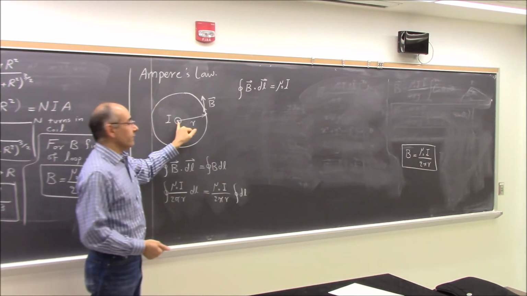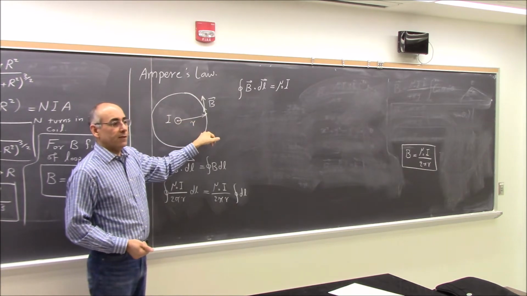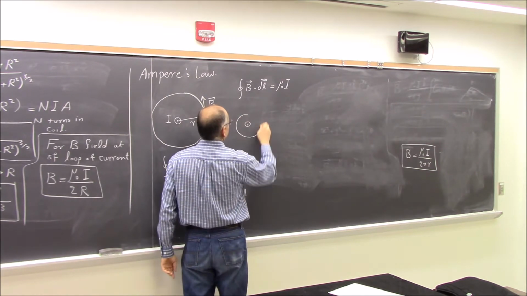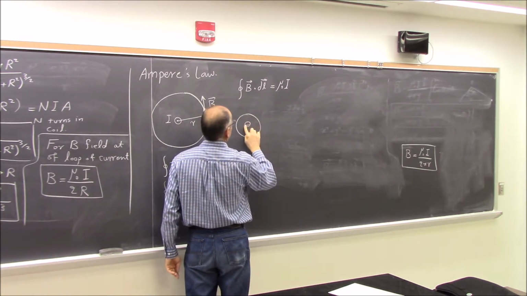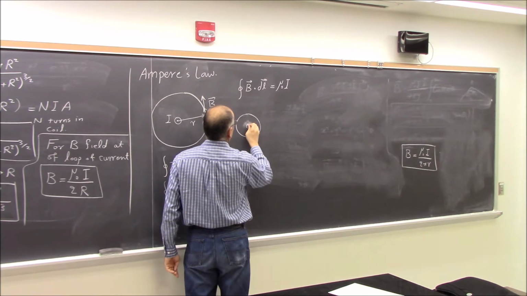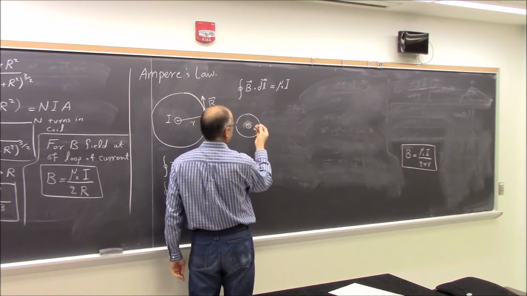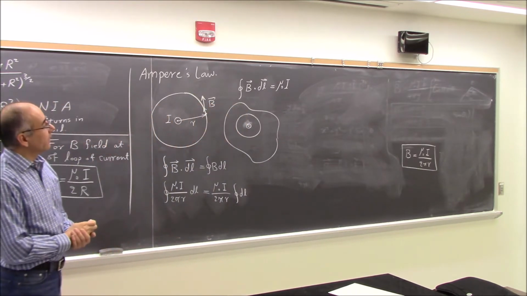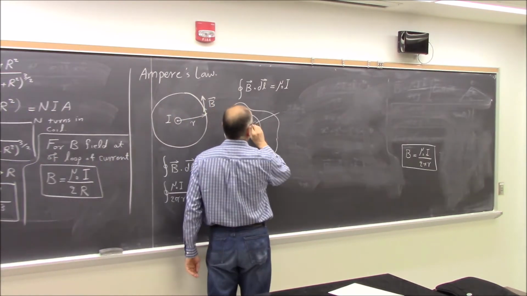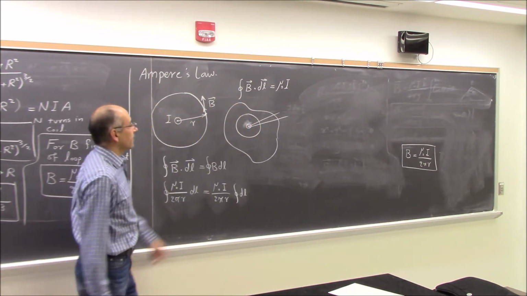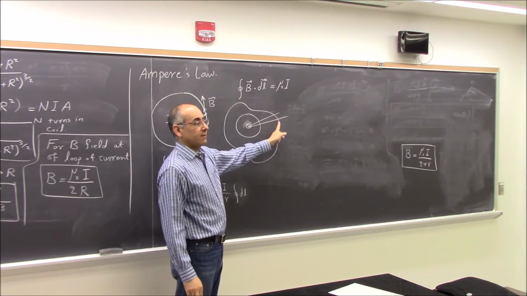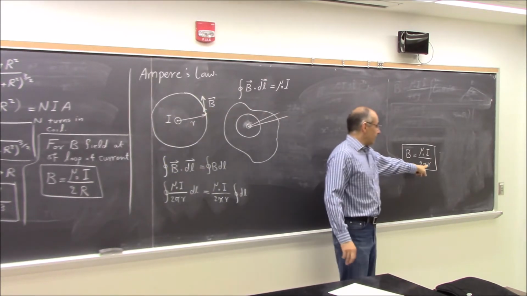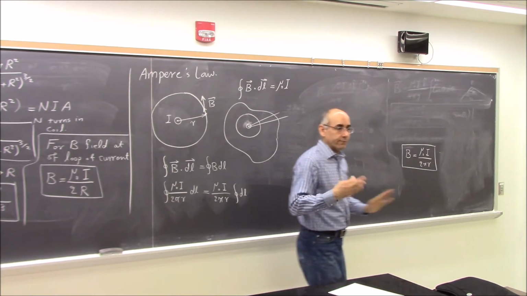The current doesn't have to be in the center, it can be anywhere. And the loop doesn't have to be a circle, it can be any loop. Let's say there's a circle here, centered at this current, that's a long wire this way, and there's another closed loop. At any point, for a small angle that you take, the length increases by the distance, but B decreases by the inverse of the distance, so they cancel the effect of each other.